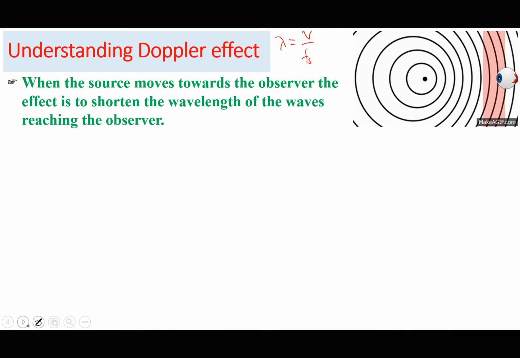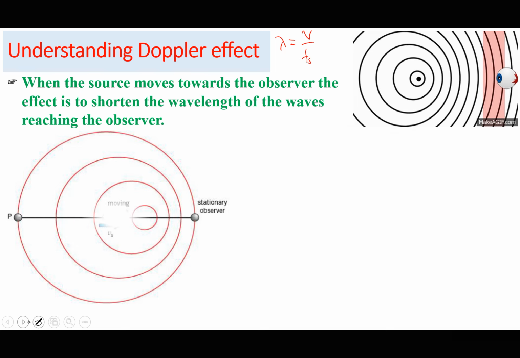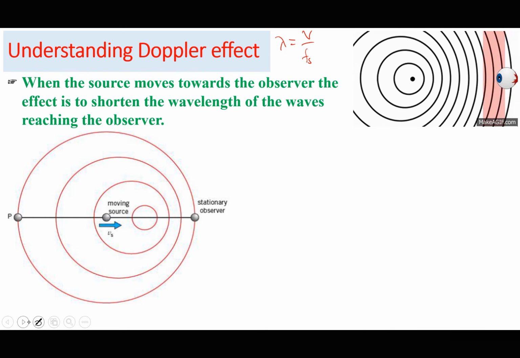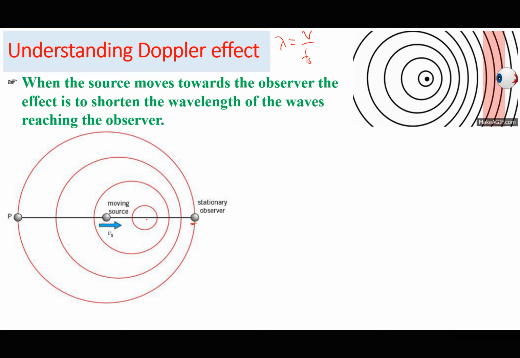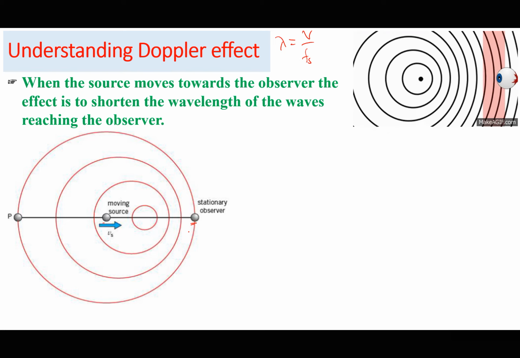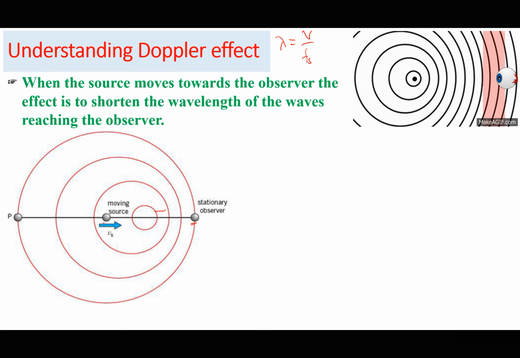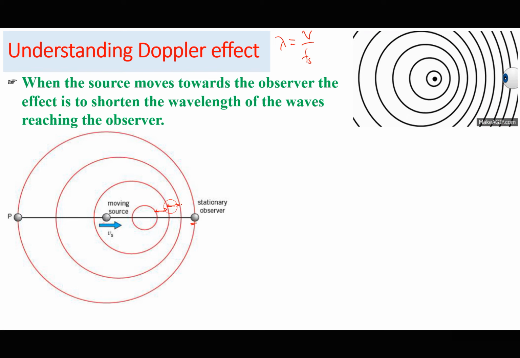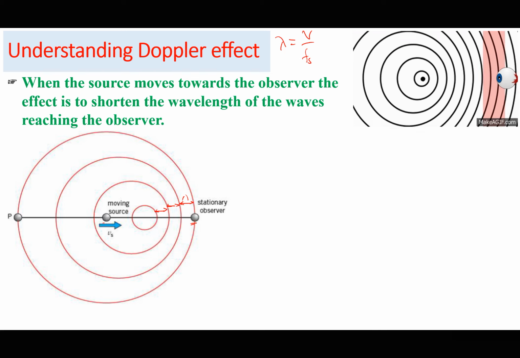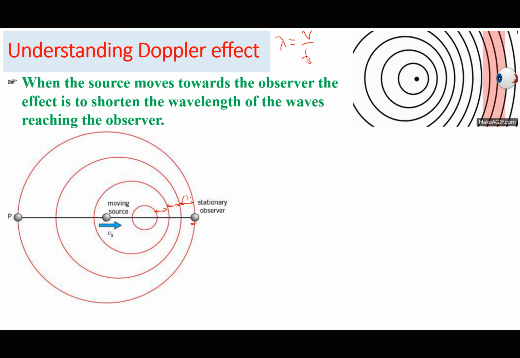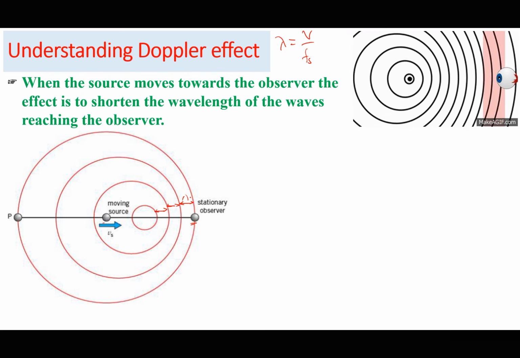So this is what I mean. If the observer is stationary, but the source is moving towards the observer, then for the observer, the distance between the crests is going to be shortened. So the wavelength is going to be shortened, and this shortened wavelength is going to be considered as the observed wavelength.